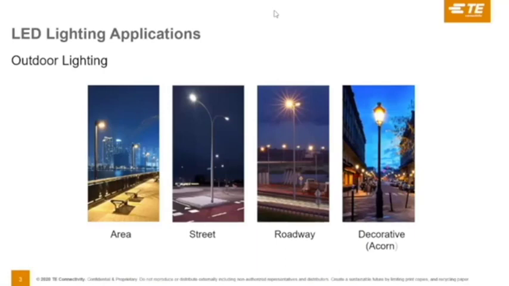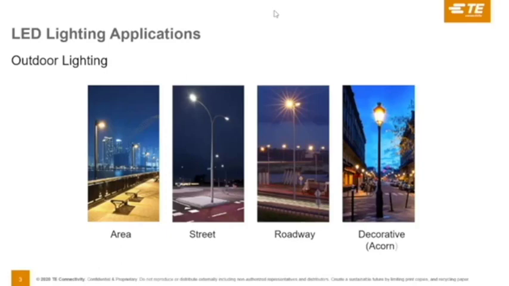Now, when we think about high humidity rated applications around lighting, we think about outdoor lighting. Of course, we think about area lighting, street lighting, roadway lighting, and even decorative lighting applications. One of the reasons why we think about outdoor lighting in particular is the fact that in the US, as well as all of North America, the street lights are always on, or at least power is always going to those lights.